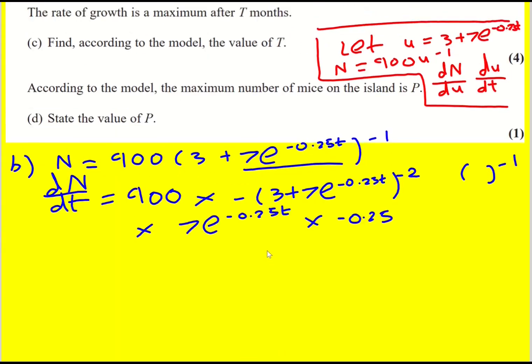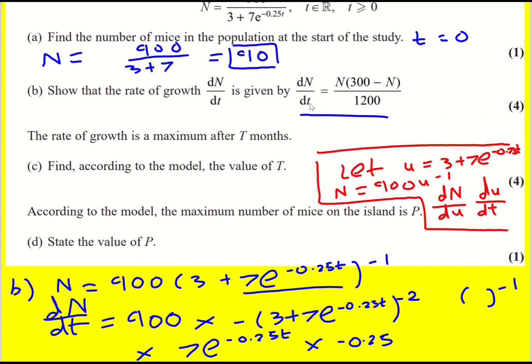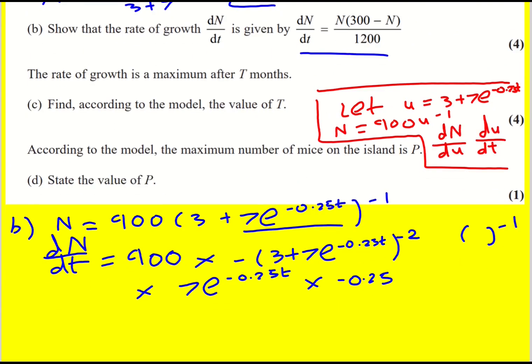Right. We now need to think about what we actually have. We've got to try and show that dn by dt is this. I just need to get all of this back in terms of n now. Well, n over 900, I can see I've got this 3 plus 7 e to the minus 0.25t to the minus 1 being squared.